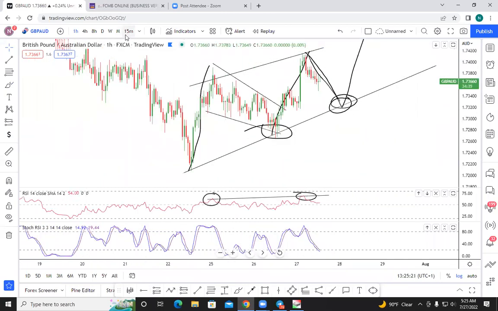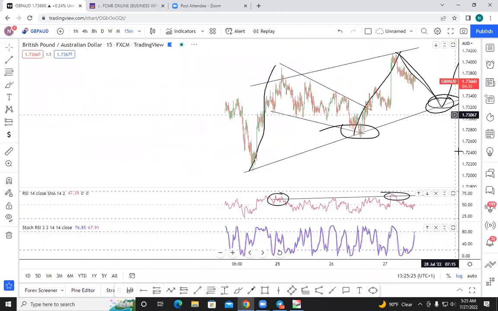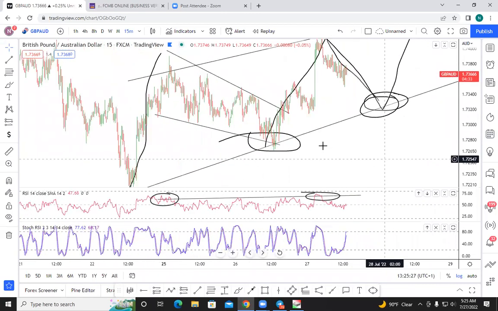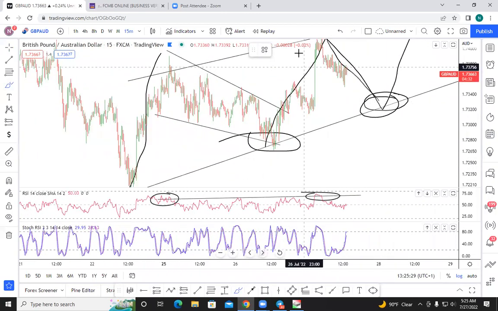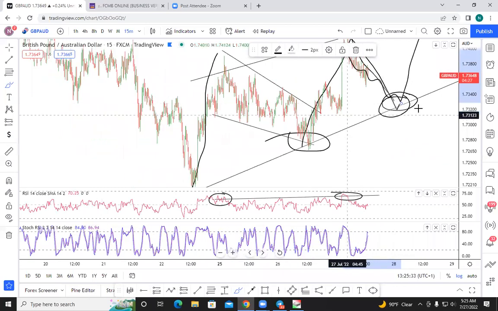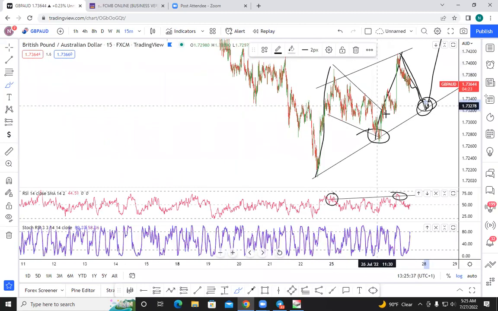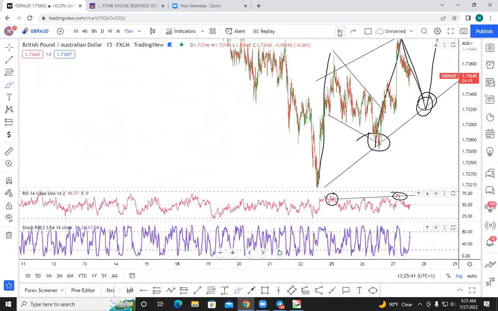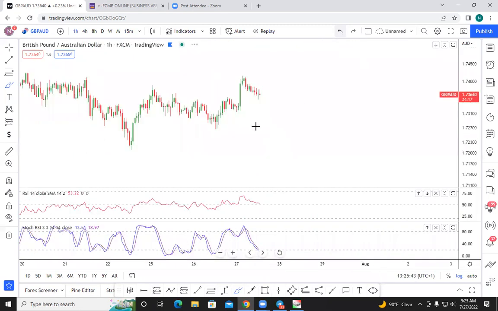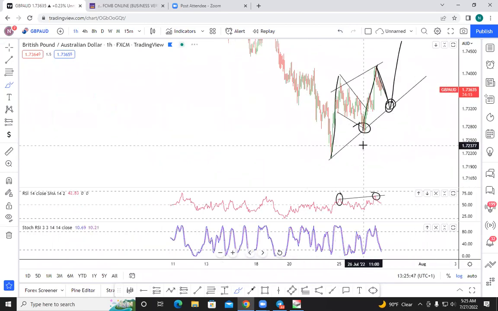So what we are going to be checking is correction back to the appropriate fib level. Where's the appropriate fib level, guys? This level. As soon as it gets here, matches this trend line, all you need to do is take a buy for a move to the upside. Is that okay now?